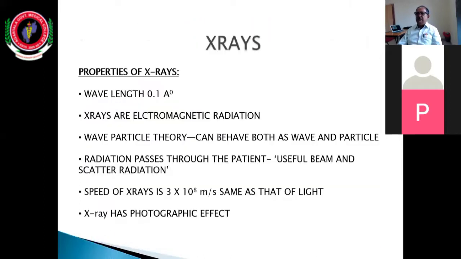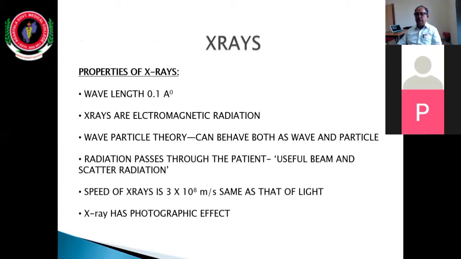Now there are some properties of the X-ray. The wavelength of the X-ray is 0.1 angstrom. It is an electromagnetic radiation and it behaves as both wave and particle.